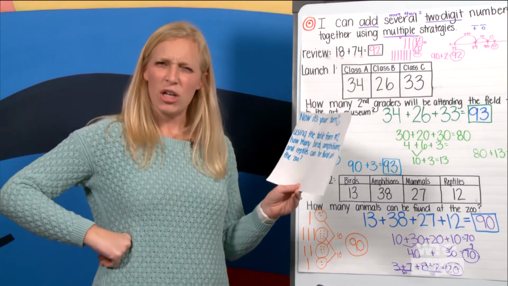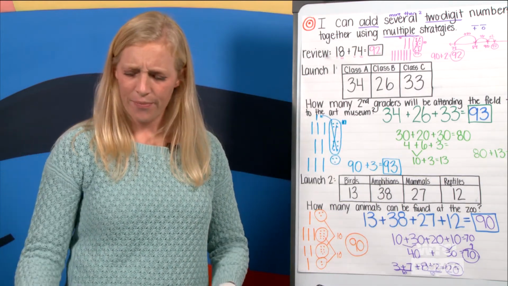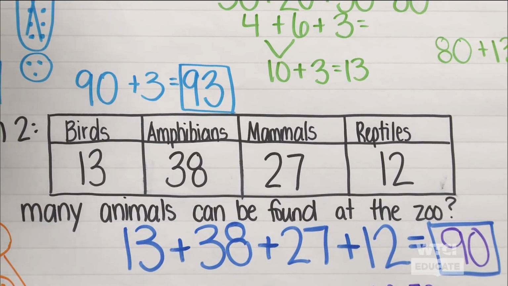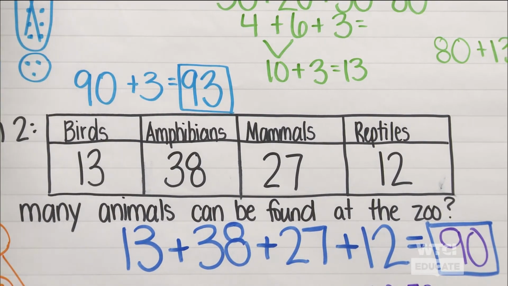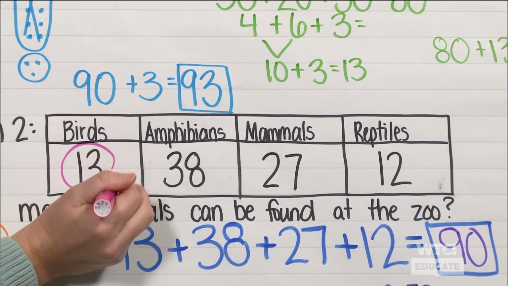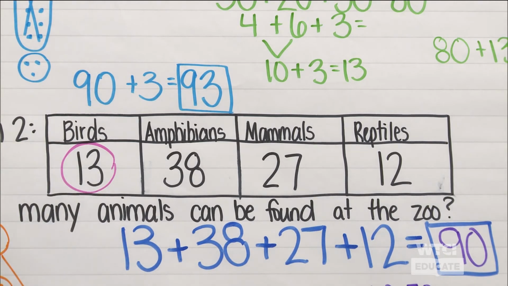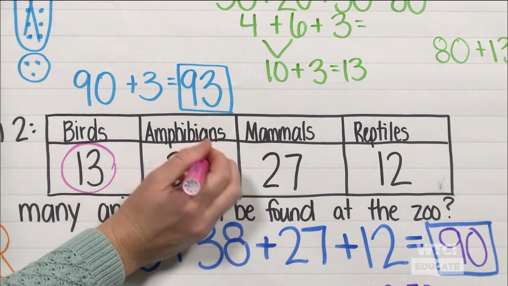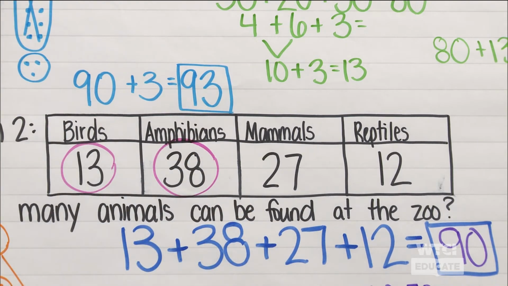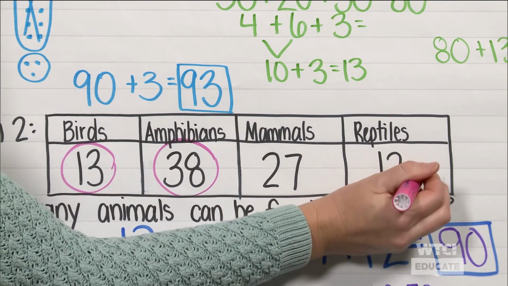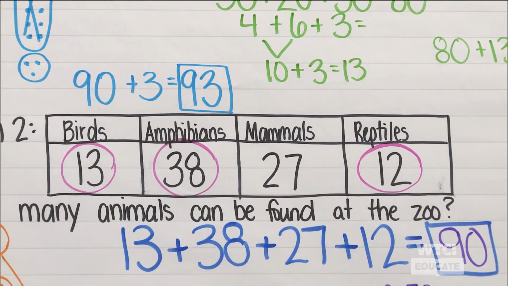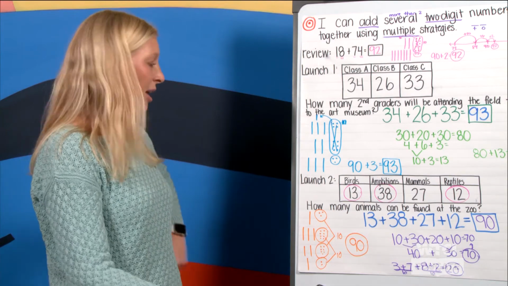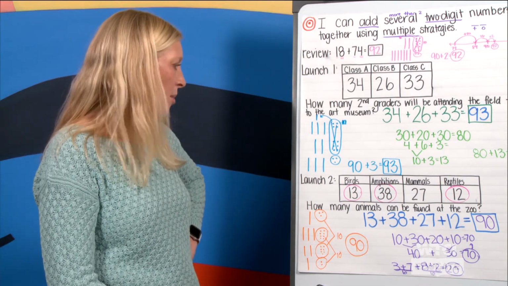What numbers am I going to use for my chart today? You're right. I need to tell how many birds there are, so I need this. How many amphibians there are, so I need this number. And how many reptiles, so I need this number. Ooh, I don't care about my mammals. That's not important for this problem.